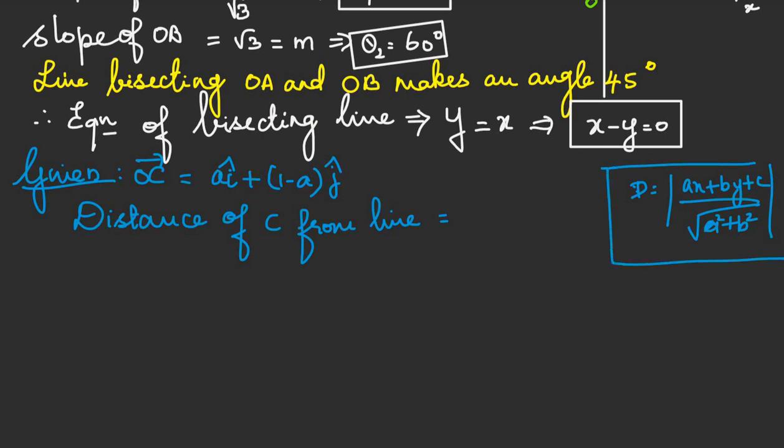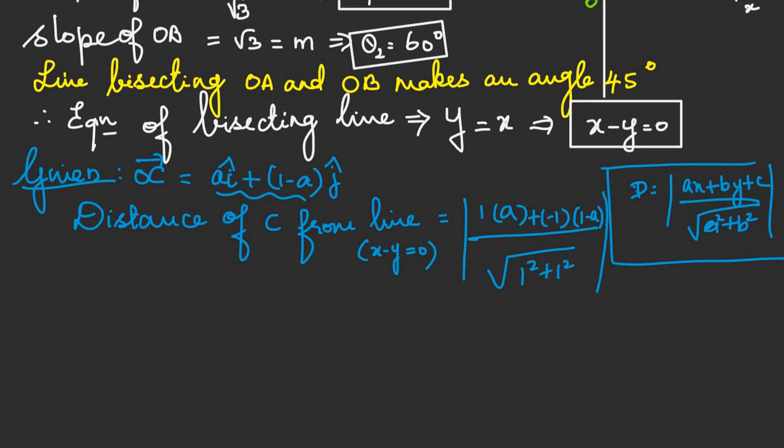So using this, the distance of the point C from the line x minus y is equal to 0 gives us modulus of 1 into A plus minus 1 into (1 minus A) divided by root of 1 square plus 1 square, which from the question will be equal to 9 by root 2.